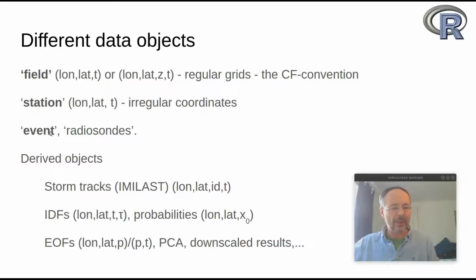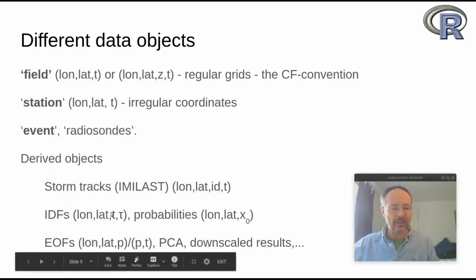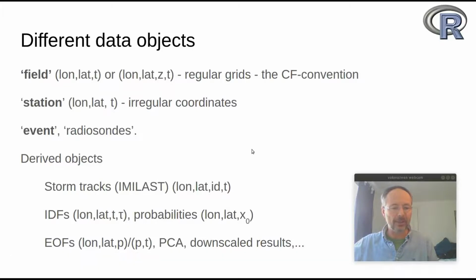And then we have the event type, and maybe even radiosondes. In addition to these observations, we also have derived objects like storm tracks. So then you have longitude, latitude, but also the identification of the storm track itself, the ID number, and time. Or you have the intensity-duration-frequency curves, IDFs, with longitude, latitude and time, and then the time scale and the return period or probabilities, and maybe a threshold value.